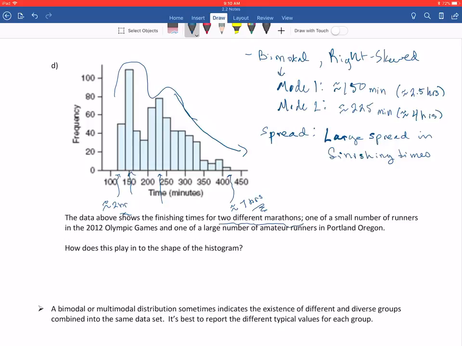Well, I certainly think that's causing the bimodalness, because mode 1 is probably for the Olympic runners, and mode 2 is probably your amateur runners.